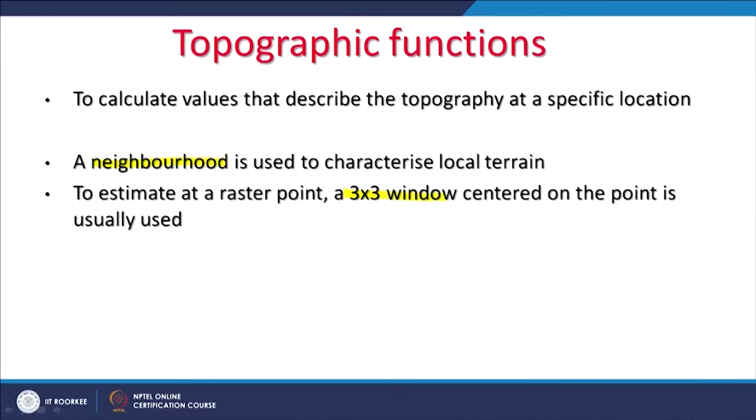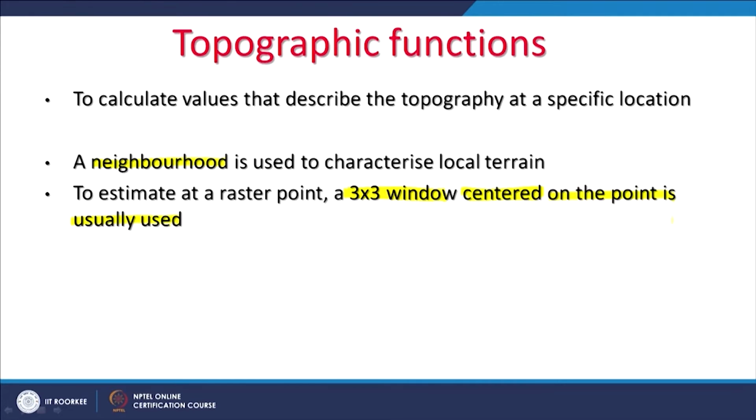Now, the value of the slope, in terms of either degree or percentage, can be decided based on the difference between the central cell value and, in this example, the southeast cell value. So, in order to estimate these topographic functions or derivatives, generally a 3 by 3 roving or moving window is used, and the value for the center cell is decided for the center point.